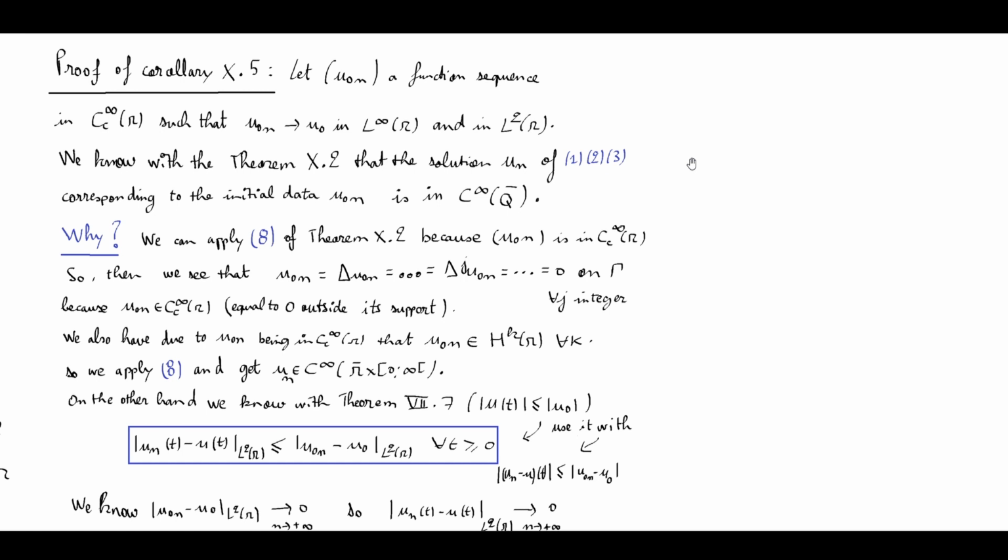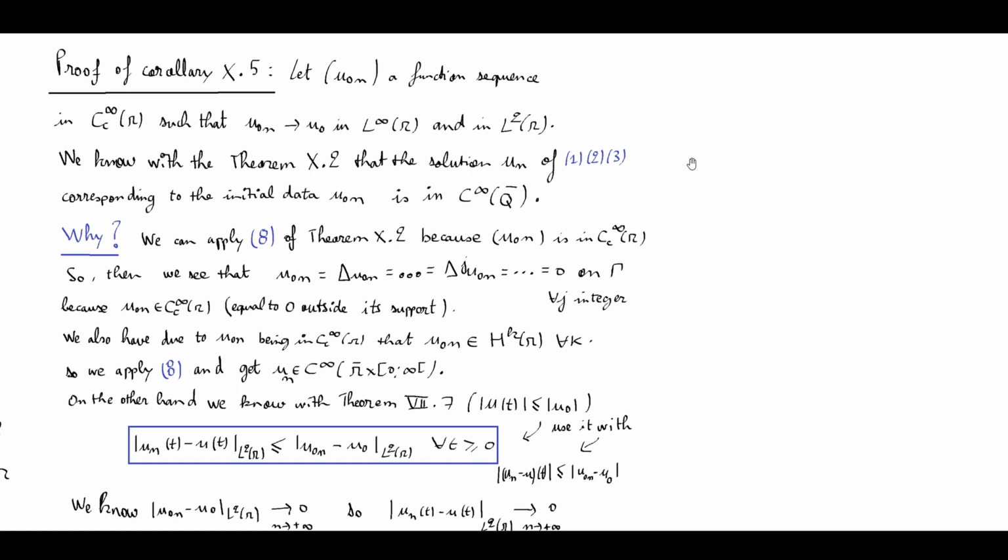We know with the theorem 10.2 that the solution un of 1 to 3 corresponding to the initial data u0n is in C infinity of Q bar. Why? We can apply 8 of theorem 10.2 because u0n is in the set of C infinity functions with compact support on omega.